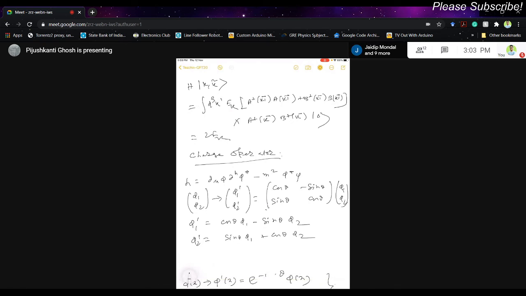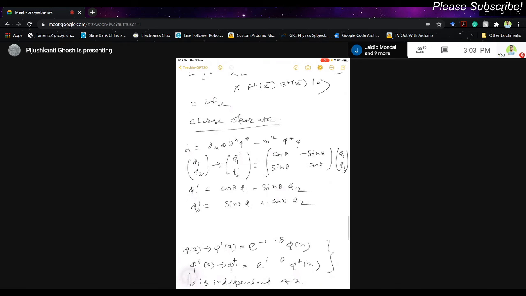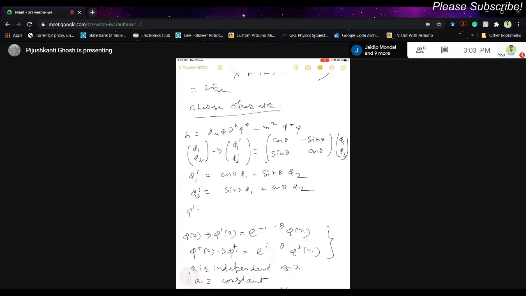Now phi prime is 1 by root over 2 phi 1 prime plus i phi 2 prime.